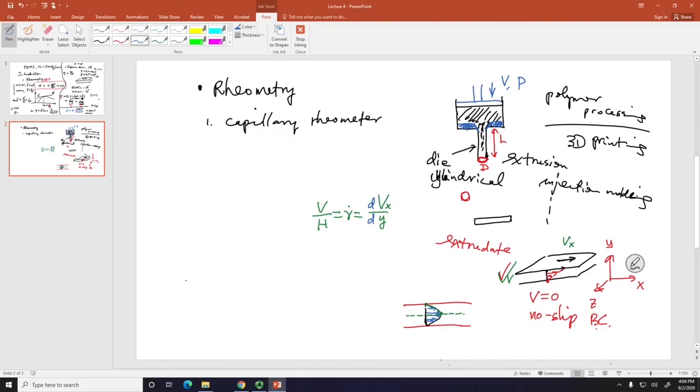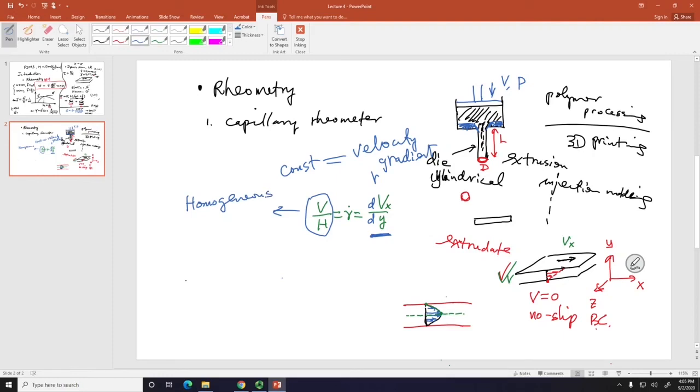But you all appreciate, and this is as much calculus as I'm asking of you, that the changing of velocity over space is what we call the velocity gradient. And that velocity gradient for simple shear is a constant, provided you have homogeneous shear. That was what we covered last week.